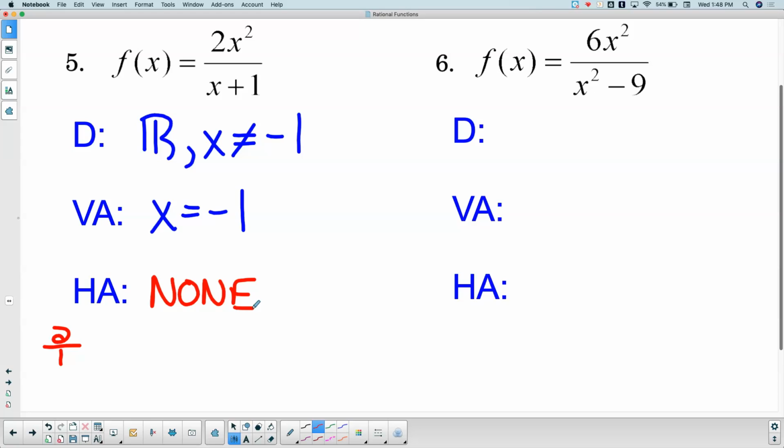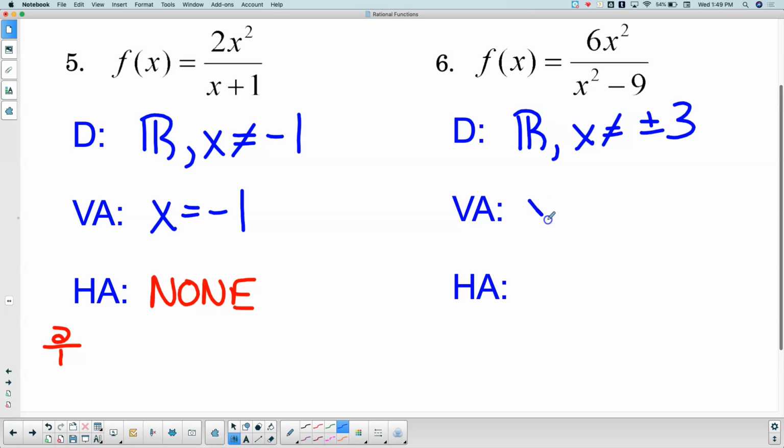Domain on the second one. Vertical asymptotes.